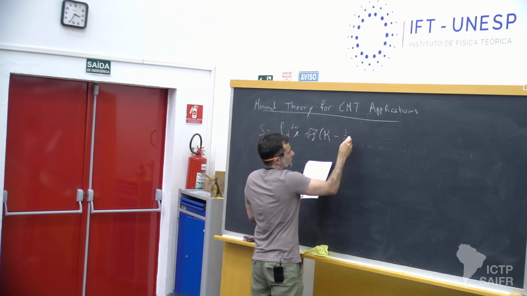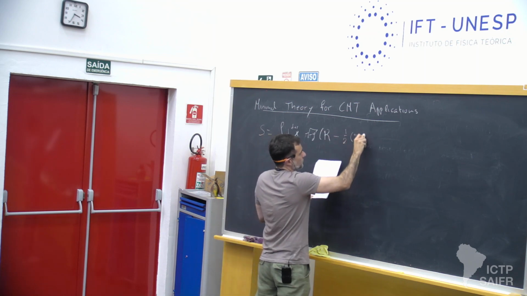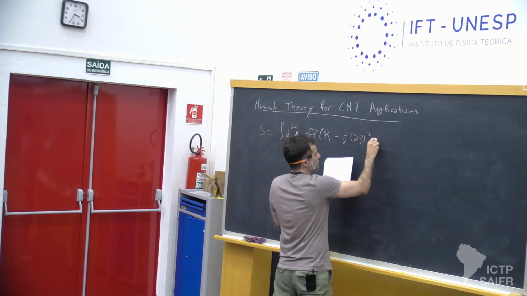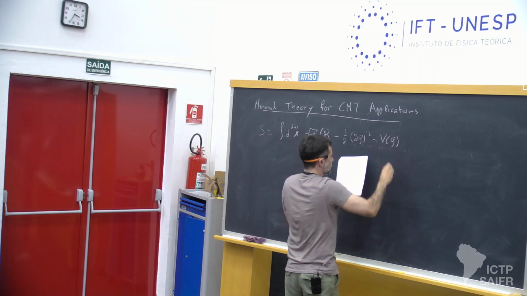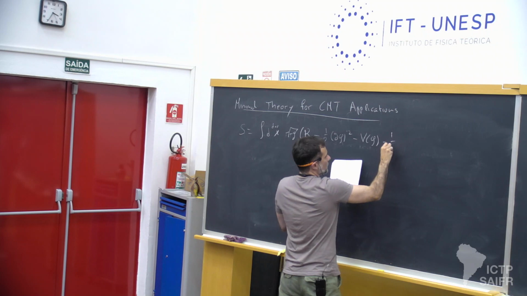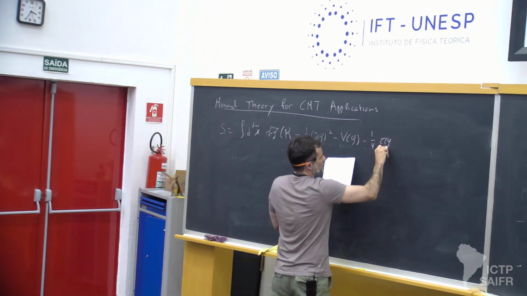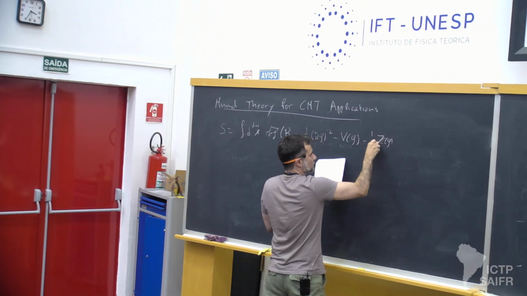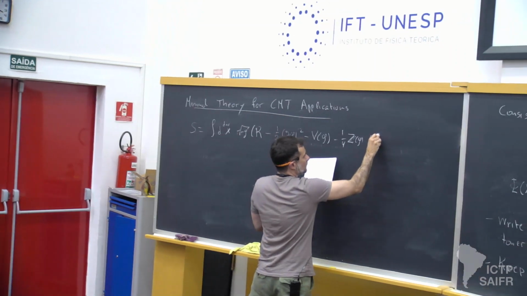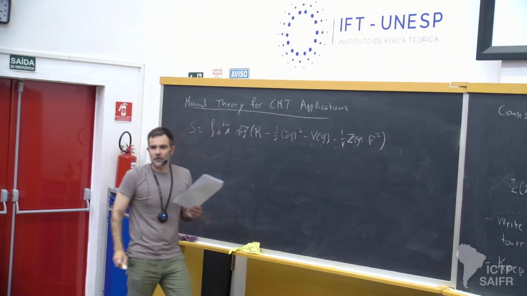I will have some scalar field in the bulk, a potential for the scalar field, and a kinetic term, let me call this Z, for the Maxwell field.